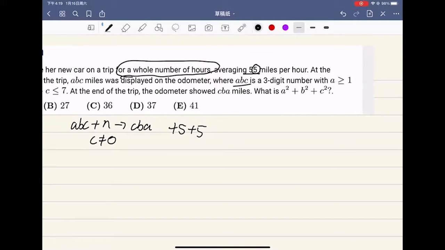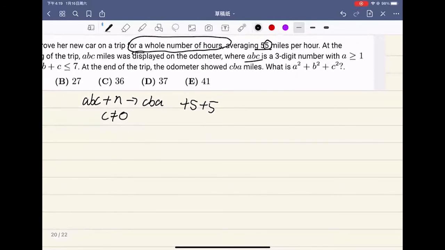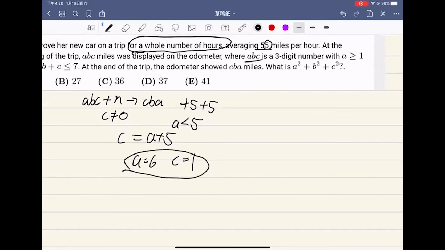So there's one possible value we are assuming: if a is less than 5, c equals a plus 5. Because if a is 6, c would equal 1. But anyway, whether a minus c or c minus a, the distance is going to be 5 since we are adding 5 each time.